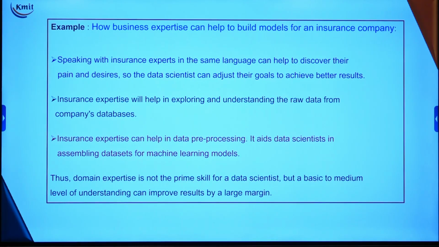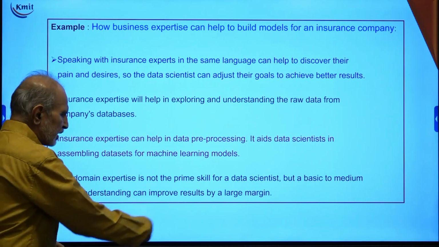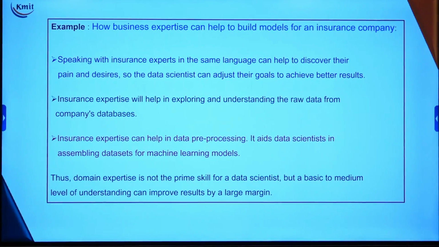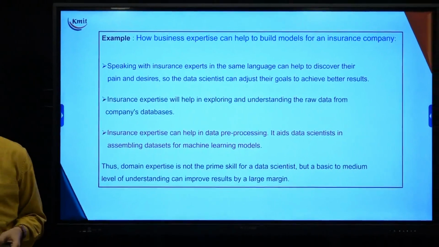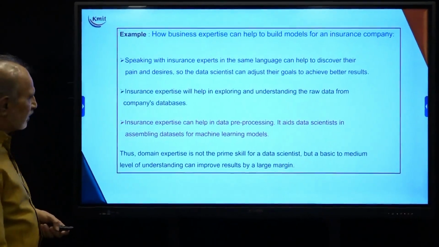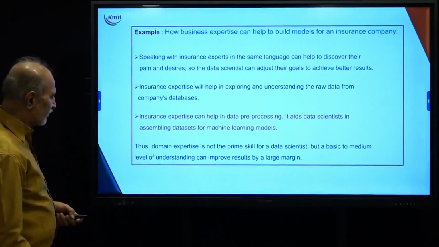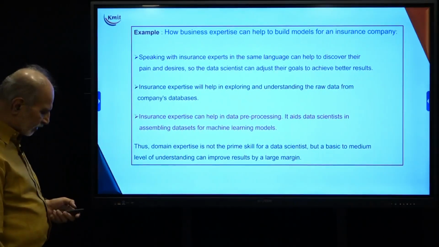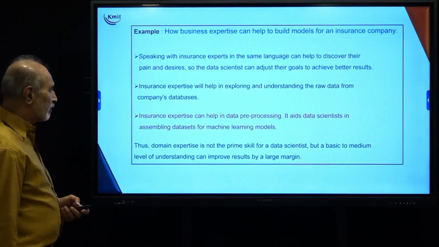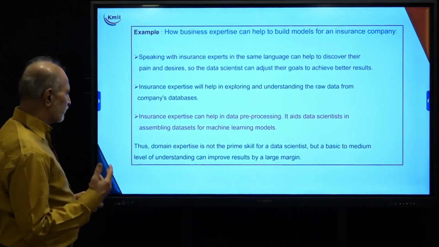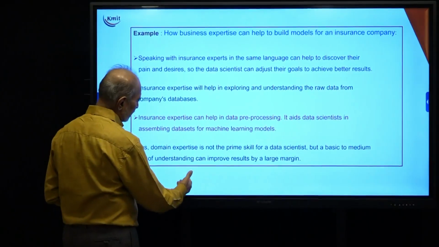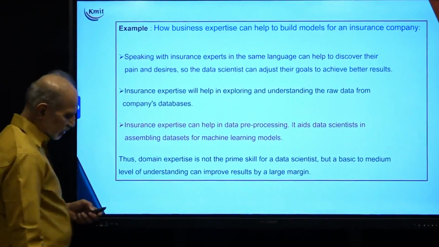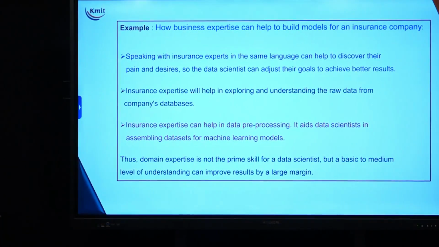Thus, domain expertise is not a prime skill for a data scientist, but a basic to medium level of understanding will improve the result by a large margin. So, I cannot become a doctor, or an insurer, or any other kind of domain expert, but if I have some basic to medium level of understanding and knowledge, my results will be much better and I will be able to give a better model.